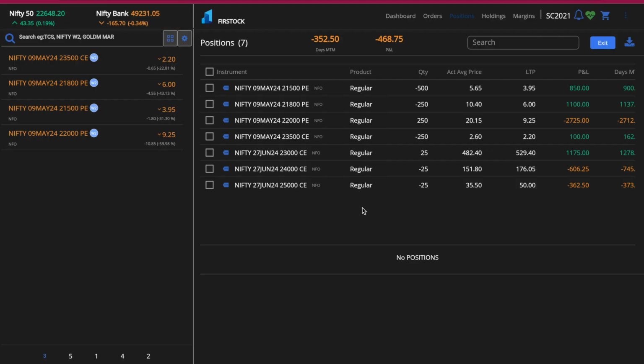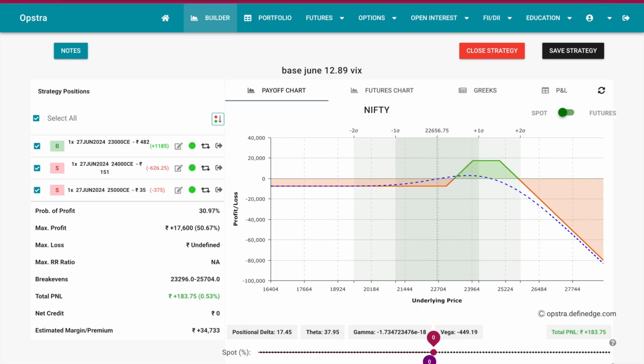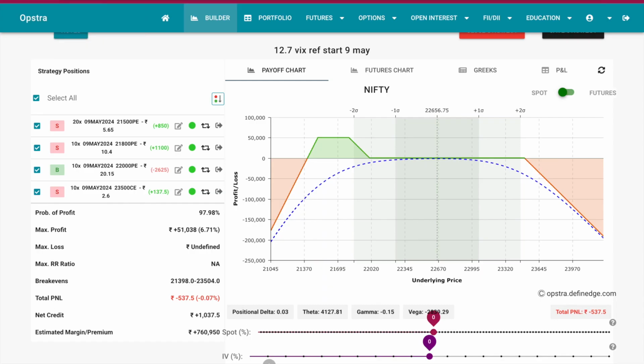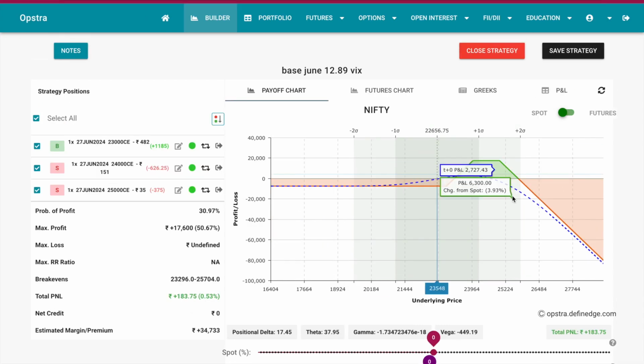So this is also an experimentation, so let's see how this turns out, or maybe we should actually go ahead and upgrade this bullish jade lizard kind of thing. We should upgrade this, and also we can start selling some 26,000 CEs.